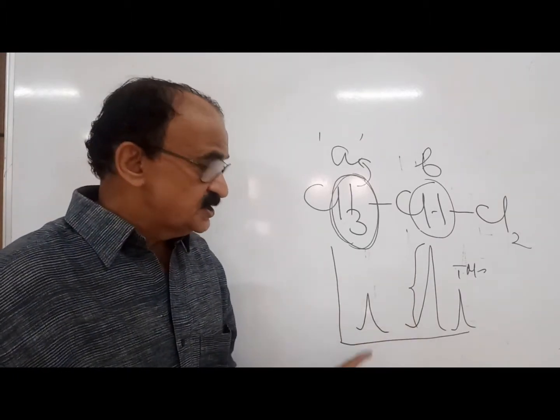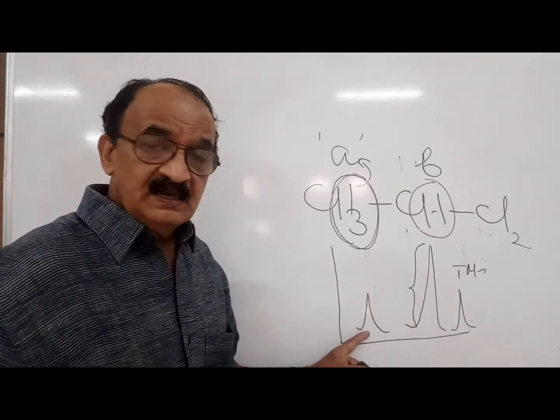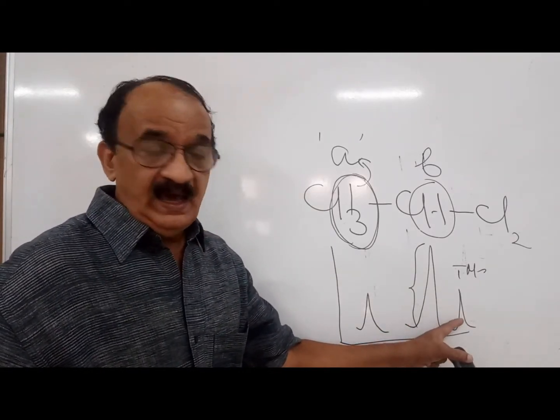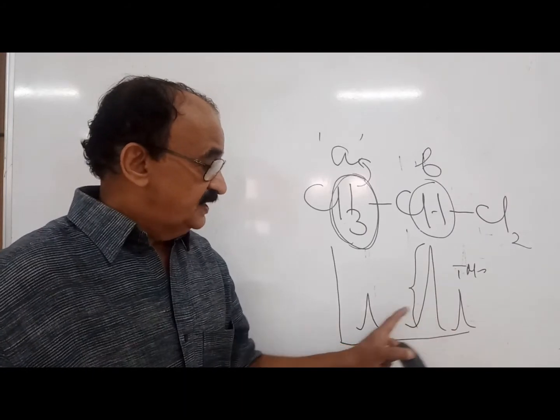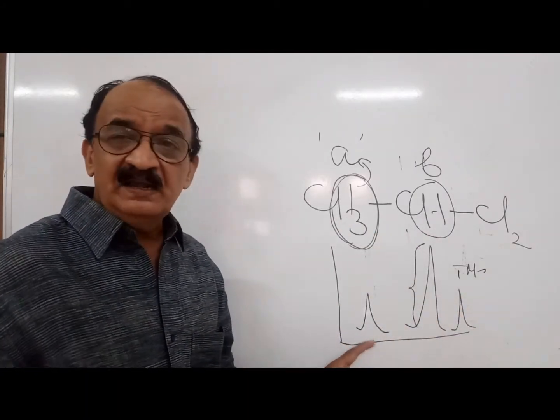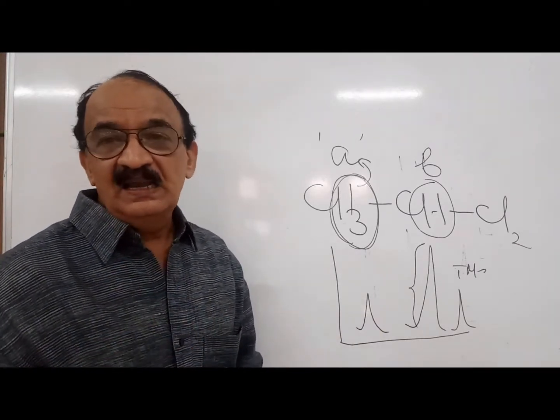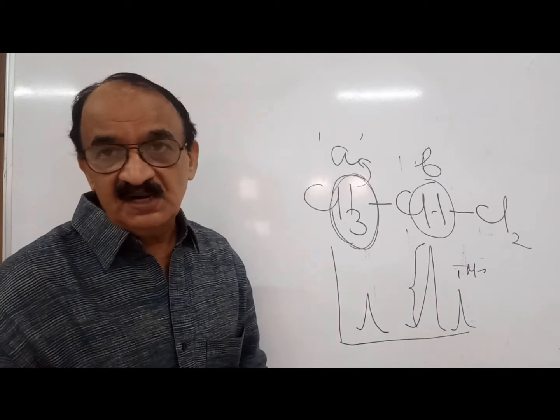So the low resolution spectrum consists of a number of signals away from the TMS, and the number of signals defines the number of types of protons. The position of a signal defines the chemical environment, how far it is shielded or how far it is de-shielded.